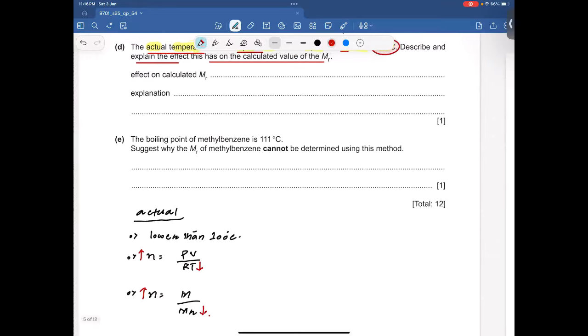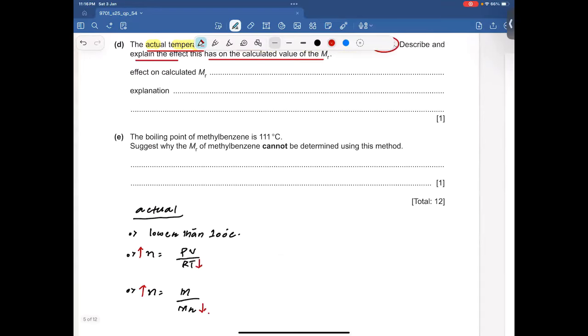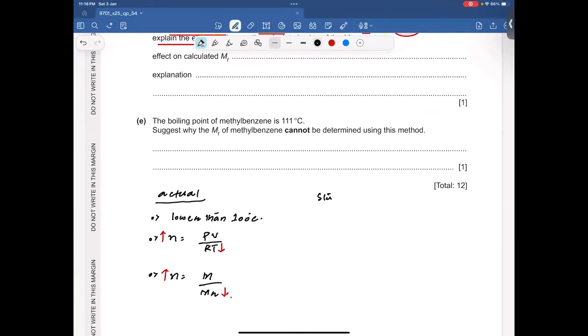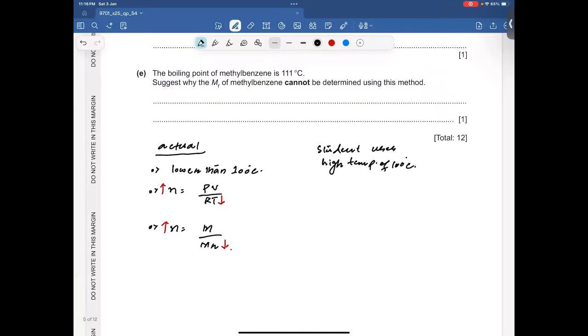But the student uses a higher temperature of 100 degrees Celsius, which is higher than the actual one.